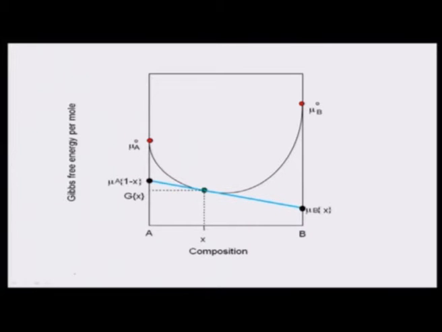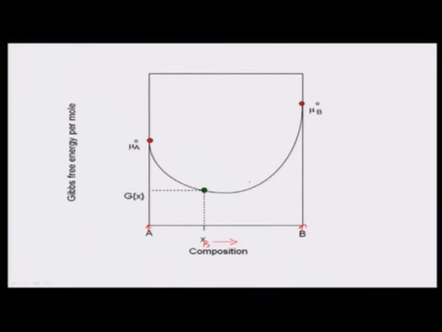You can clearly see, if I go back, this is my free energy curve, free energy versus composition, suppose XB composition is increasing this way, this is my pure A end, pure B end, correct. So pure A end will have free energy equal to mu A 0, pure B will have free energy equal to mu B 0, that we have already defined, and free energy will be like this kind of shape.